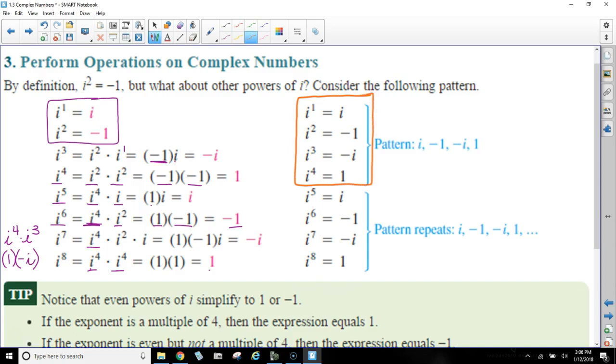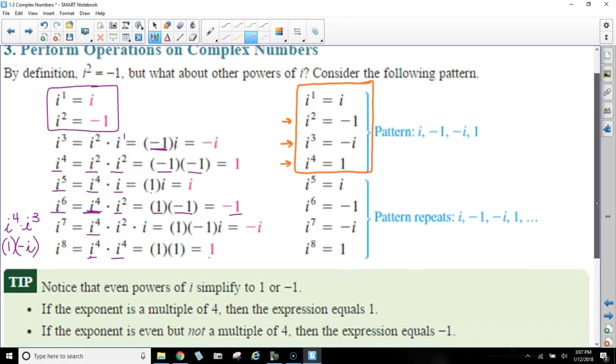Anytime you see i, well, that's i, okay? Not a lot to do there. Anytime you see i squared, that's going to be a -1. Anytime you see i cubed, that is -i. And i to the fourth is a +1. And then the pattern repeats. We're going to talk about how to deal with that pattern a little bit later on here.